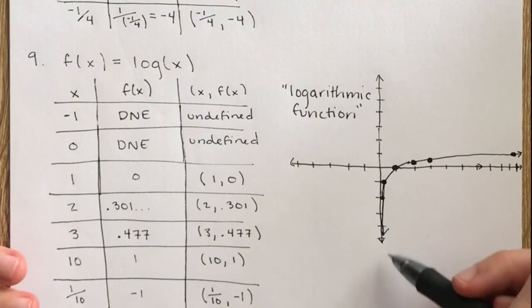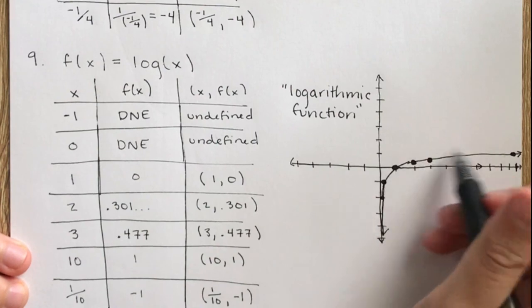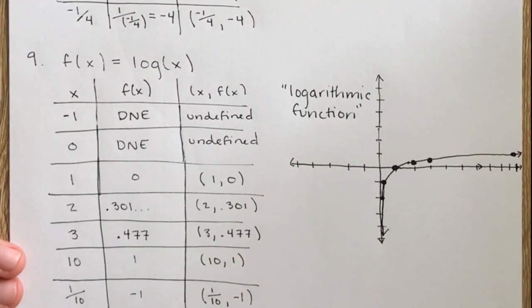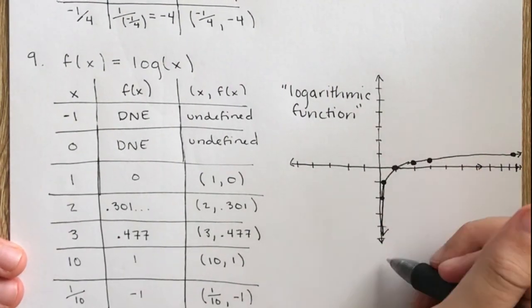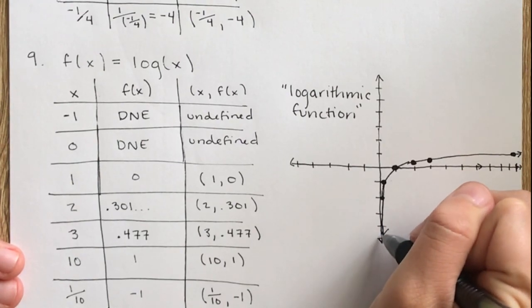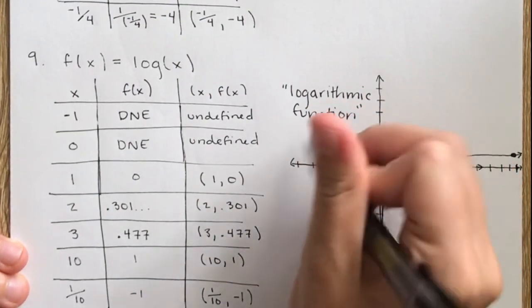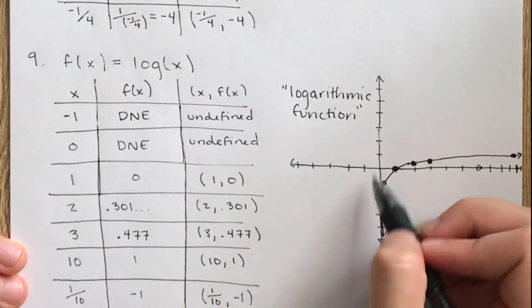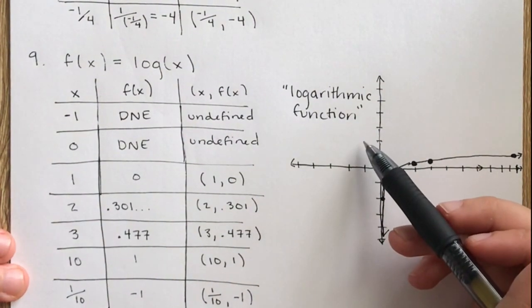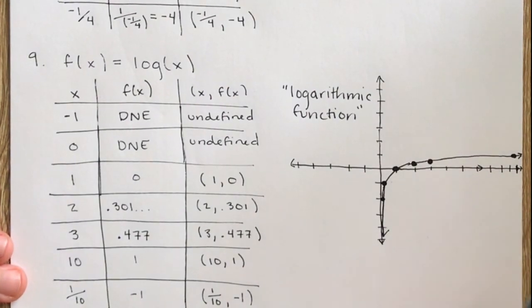And they are sort of characterized by having this sort of sideways J shape, sort of flipped and tilted J, where we have this kind of curve and then we get really, really close to the y-axis here. Logarithmic functions don't have anything going on for all these negative x values. So on this left side of the graph, we have nothing going on. That's a good tip-off that we're dealing with a logarithmic function, is if we have nothing going on and then we get really, really close to this y-axis.